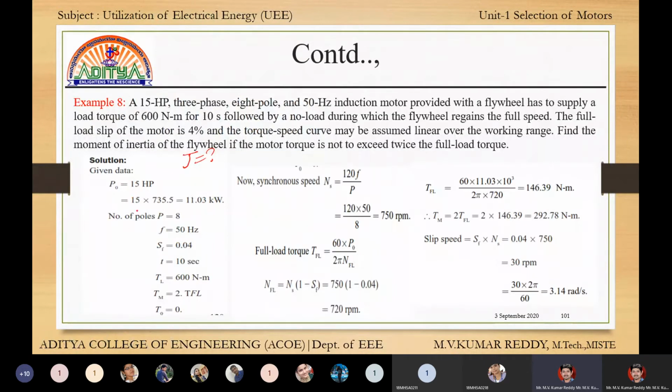Given that the output power is 15 HP converted into kilowatts. 1 HP is equal to 735.5 watts. Number of poles is 8, frequency is 50 hertz, and slip is 4%, that is 4 by 100, which is 0.04.